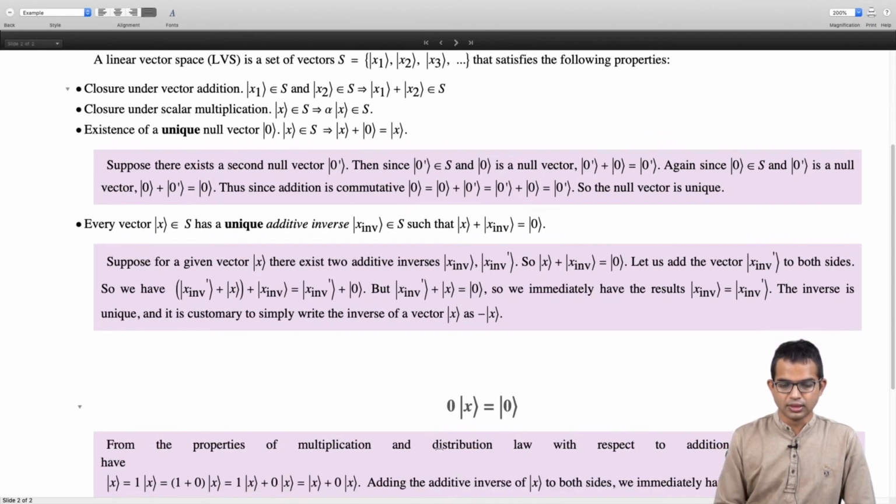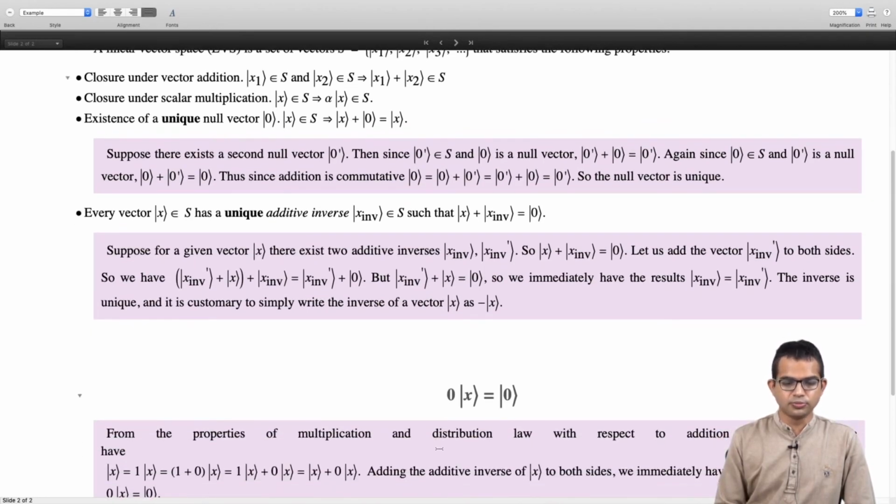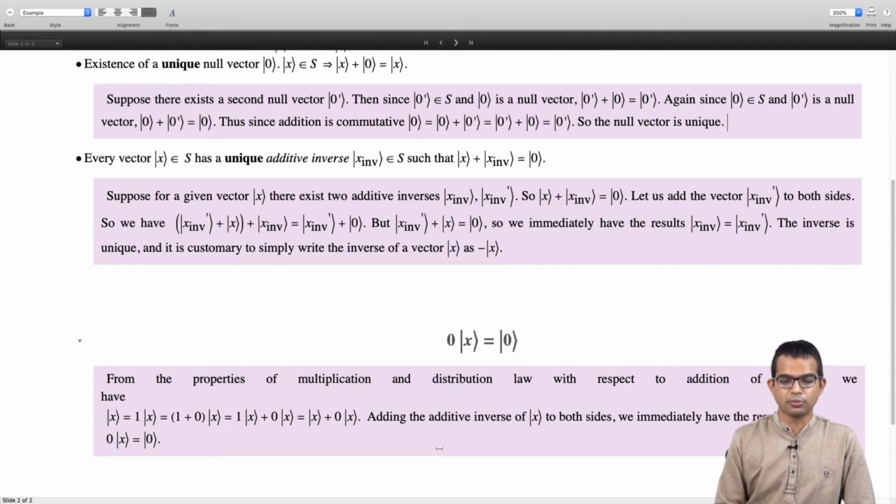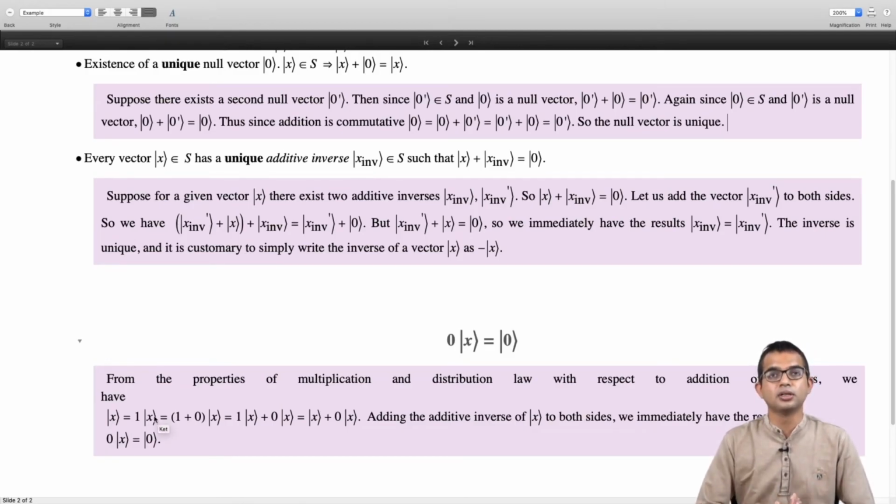The idea here is to show you how some of these abstract proofs work out. Using the properties of multiplication and the distributive law with respect to addition of scalars, if you take any vector, x is equal to 1 times x. This is part of the rule that is already given to us, part of the properties of scalar multiplication.